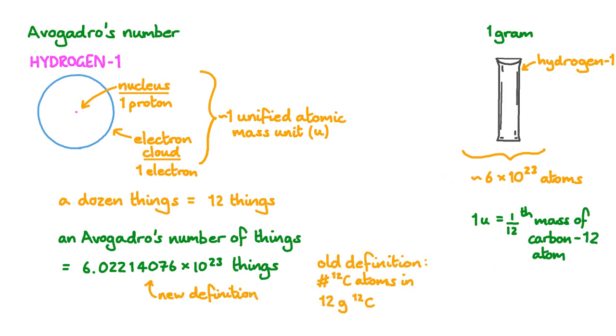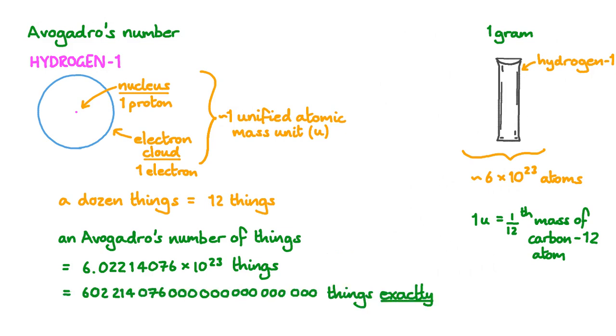The old definition of Avogadro's number derived from the number of carbon-12 atoms in a strict amount of carbon-12. But during the 2010s, Avogadro's number was defined as a strict number of things. So we can actually say that Avogadro's number is a strict number of things exactly. However, you're much more likely to see it in scientific notation than written out in full.